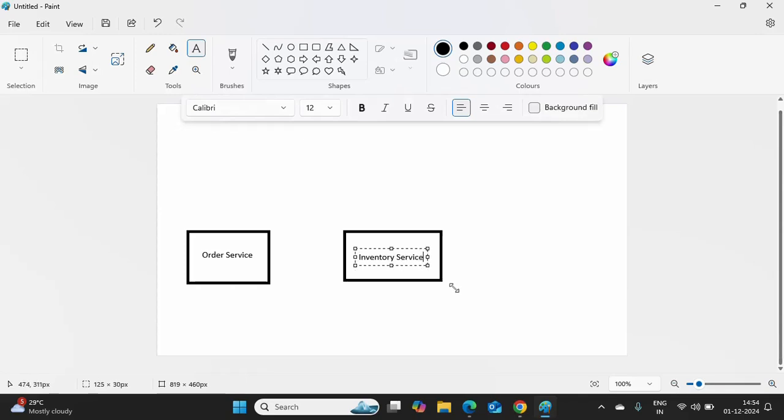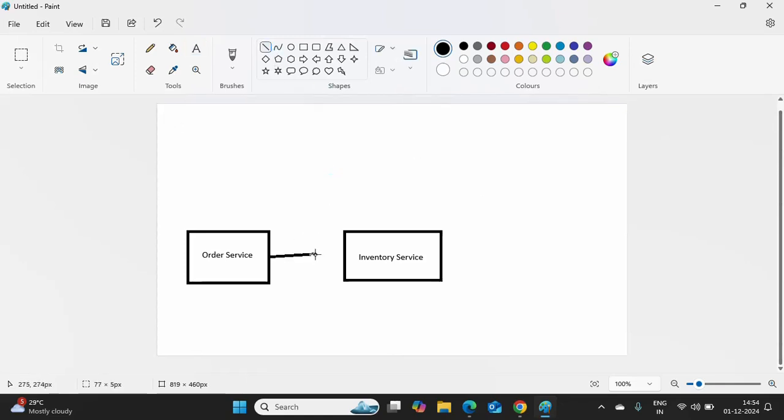Usually, if the order service wants to interact with the inventory service directly, without using the service registry, it requires the IP address and port.